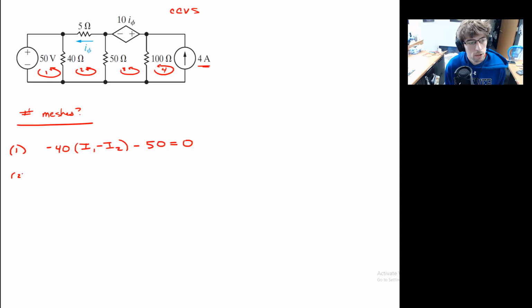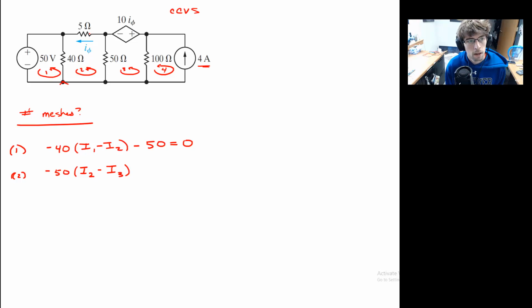Okay, we go to mesh 2. We walk around, and I'll start here and go counterclockwise again. We have a drop across the 50 ohm resistor, bearing in mind our convention of writing the mesh that we're in minus the current in the mesh that we're sharing with.